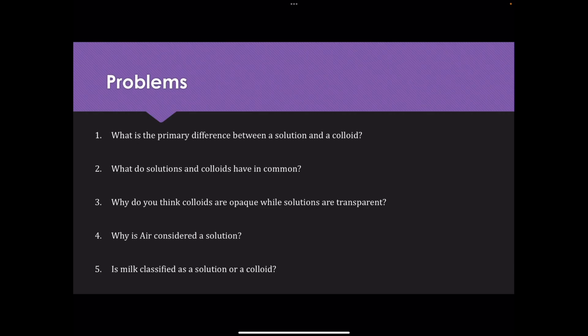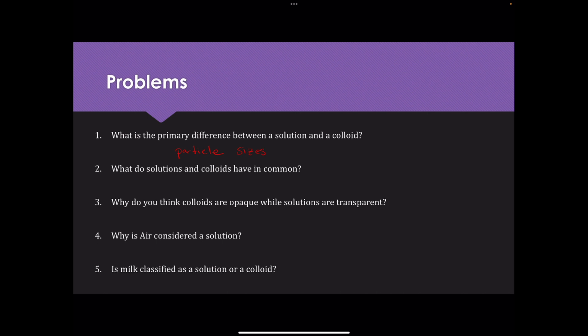So when we think about the difference between a solution and a colloid, look at the two of them. One of the first things that we see is a difference in particle size. So they're both homogeneous mixtures, but they consist of different particle sizes. Your solutions are smaller particles, your colloids are your larger particles.